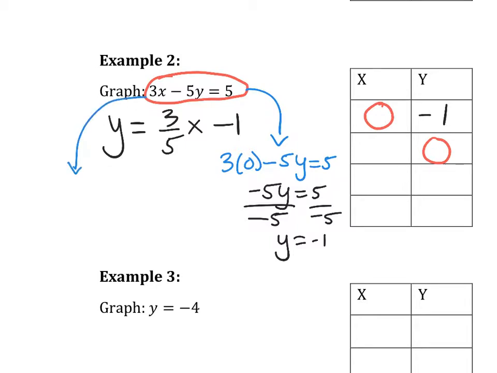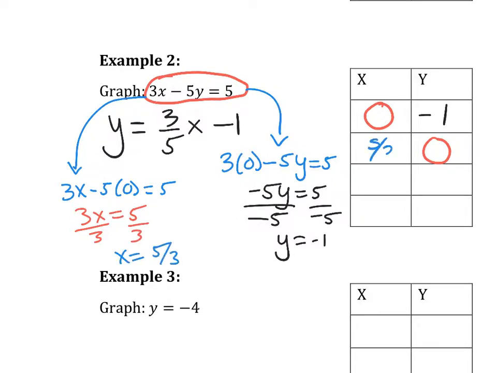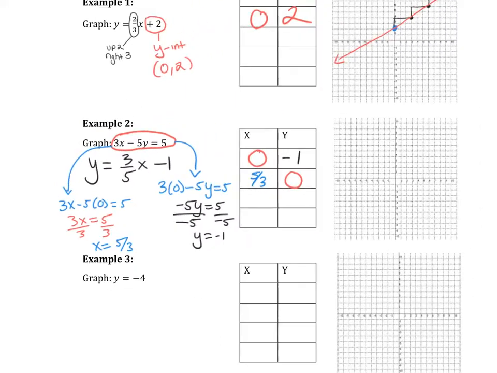And then plug in 0 for y. Divided by 3. So x equals 5/3. You have your 2 points that way.